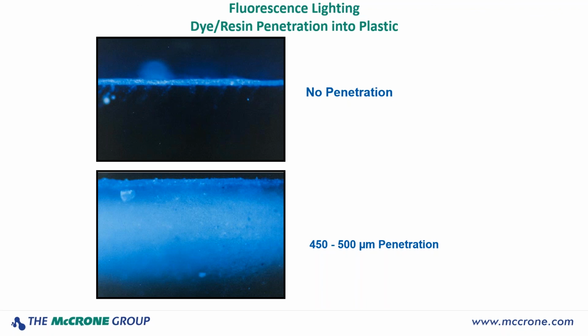And we were able to help them out a little bit by making cross sections of some of these areas that had failed. And in polarized light microscopy, and I don't have a picture of that, but we could see that there was some crystalline material right at the surface of the plastic. And it turned out from some X-ray diffraction work that we did that crystalline material was recrystallized polypropylene from the thermoplastic olefin.